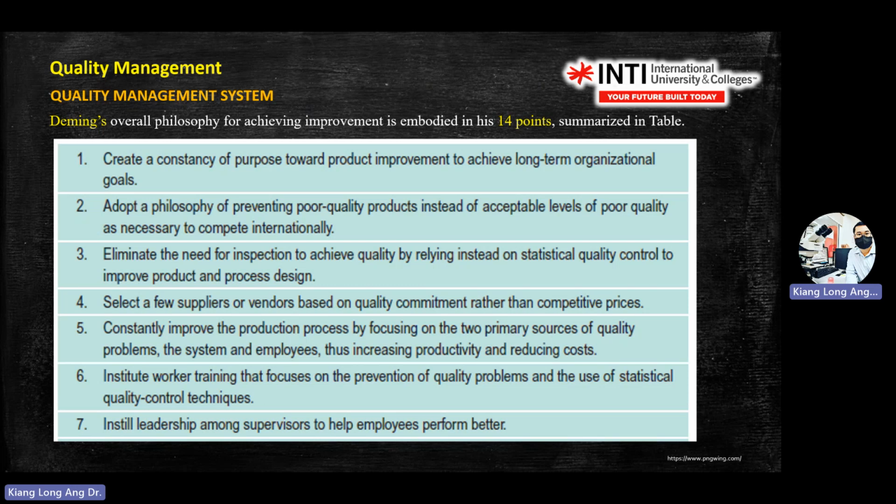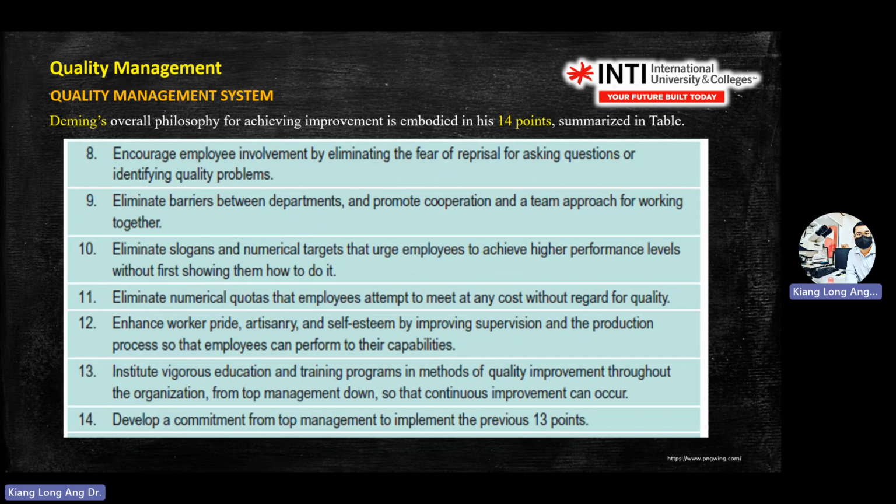This slide is important if your final exam asks you to elaborate on Deming's philosophy or the 14 points. Maybe you name 3 or 4 philosophies out of 14. I don't expect you to remember all, if this kind of question comes out. So at least you know where the information is.